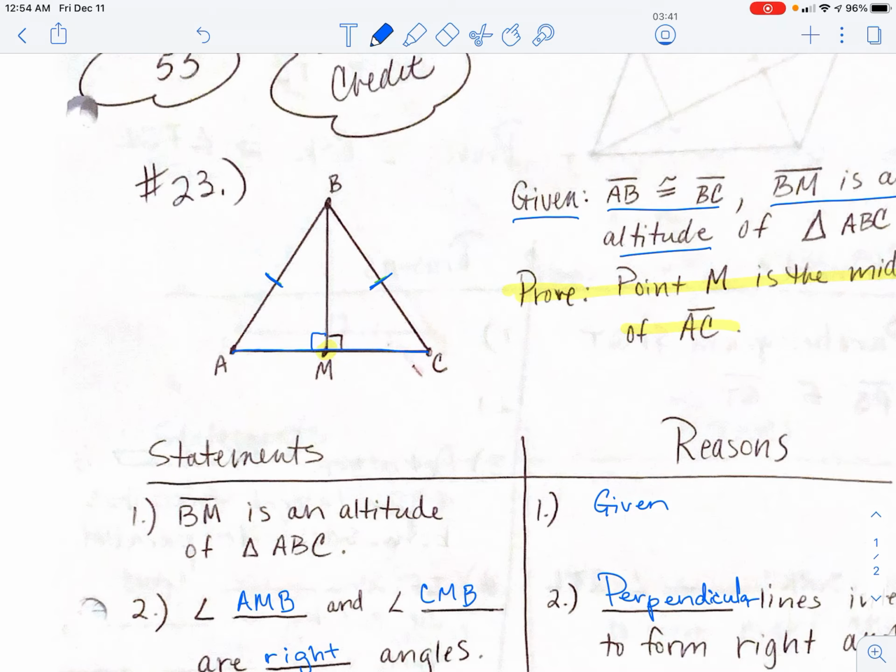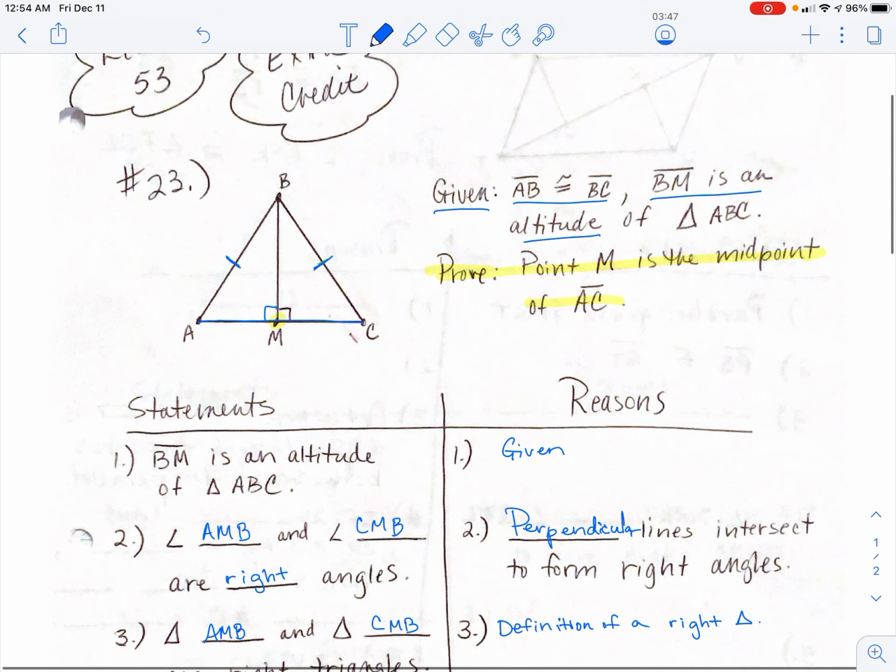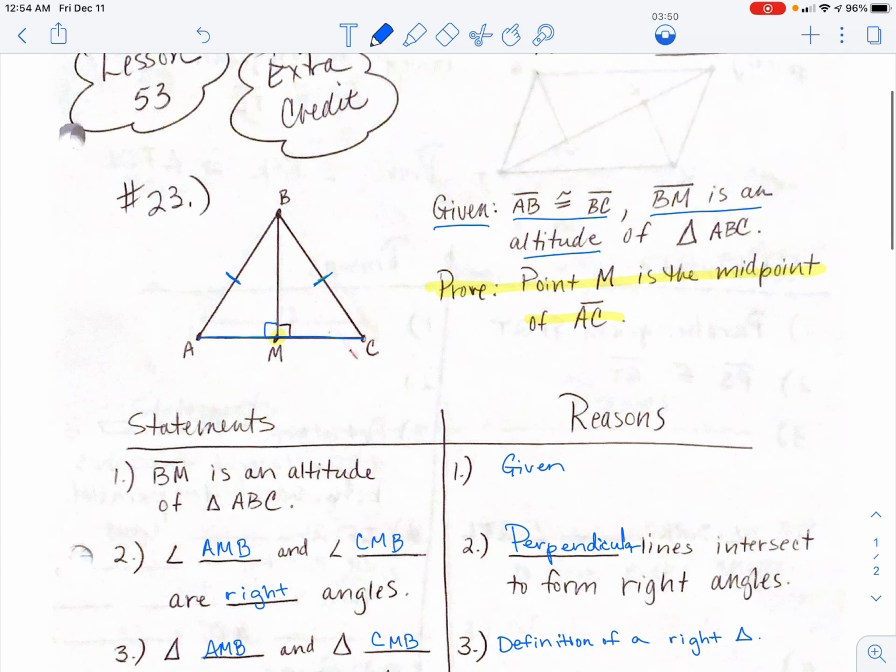So we want to prove that that point is right smack dab in the middle of line segment AC. So if we can prove these triangles congruent, then we know we're going to be able to say that those sides are congruent. And if those sides are congruent, well, then obviously that point landed right in the middle of AC because it made two equal line segments. So before I mark those, let's make sure we can prove it.